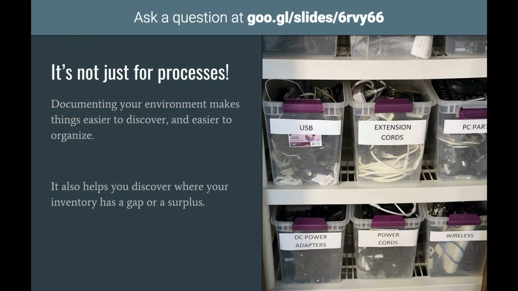Documentation is not just for processes. It's all about putting knowledge in the world. One of the books that I read when I was still a young tadpole of an IT guy was Don Norman's The Design of Everyday Things. And it talked about knowledge in your head versus knowledge in the world.